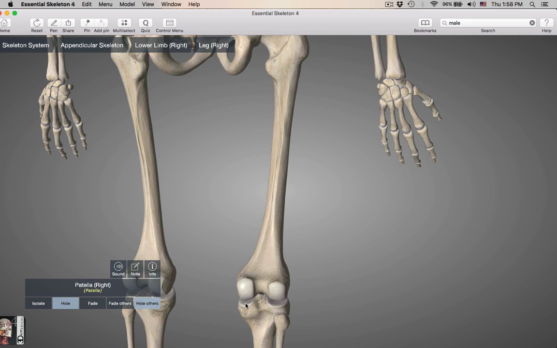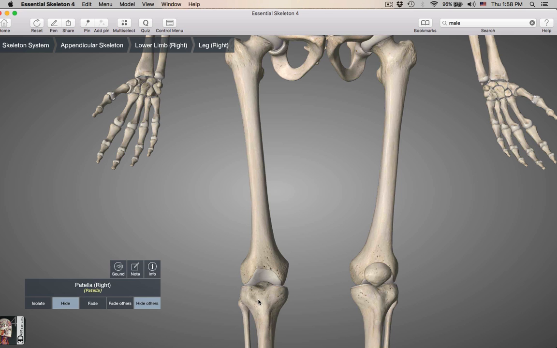It is articulating with the medial condyle of the tibia and the lateral condyle of the tibia.